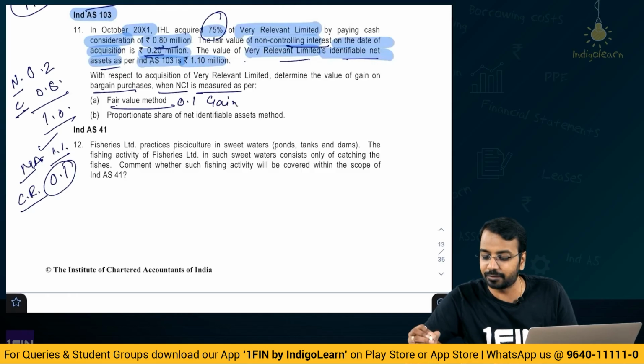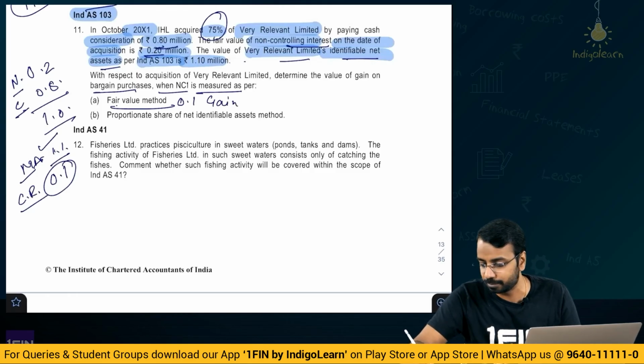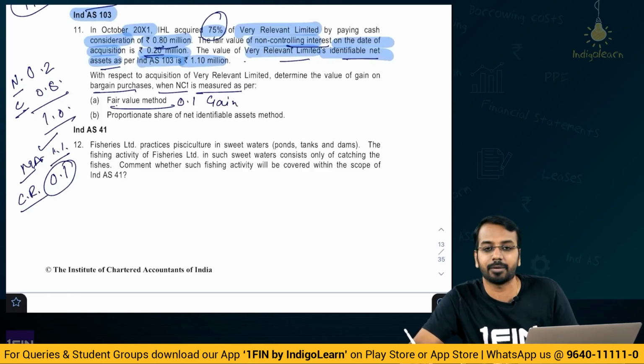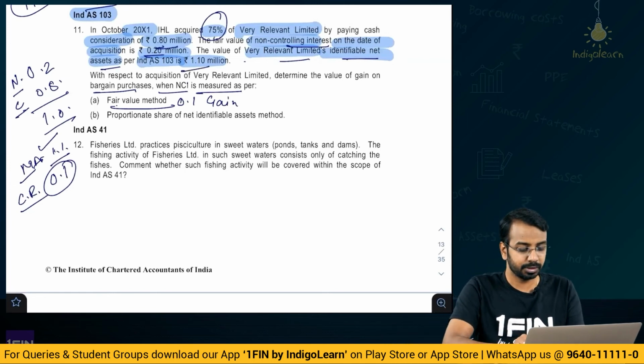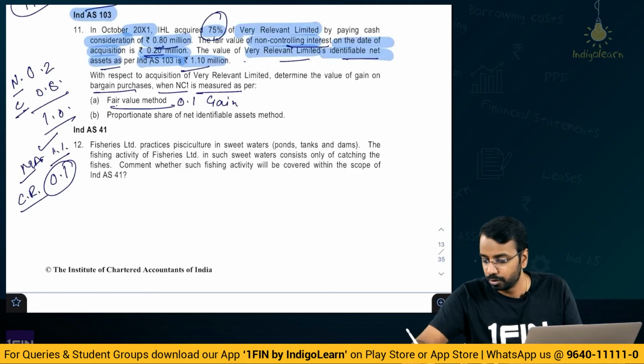Proportionate share of net identifiable asset method. Now here what will happen is, non-controlling interest is 25% of 1.1 million. 25% of 1.1 gives you 0.275. Consideration paid is 0.8.